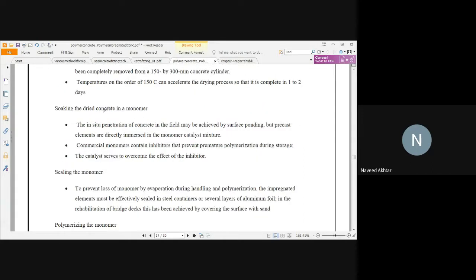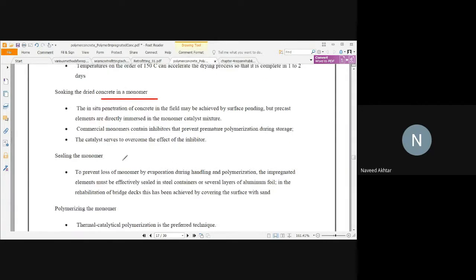Soaking the dry concrete in the monomer. Penetration of the concrete may be achieved by surface bonding, because elements are directly immersed in the monomer catalyst mixture. Commercial monomers contain inhibitors that prevent premature polymerization during storage.